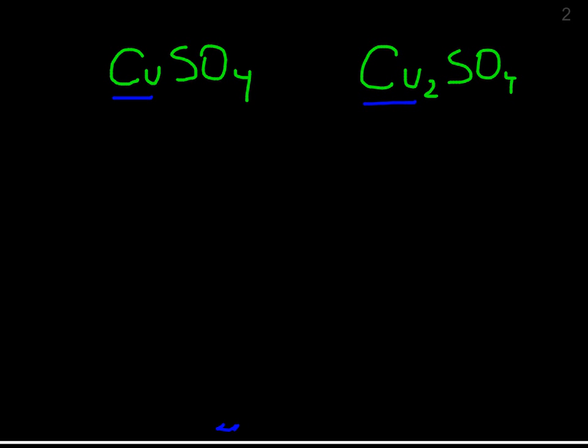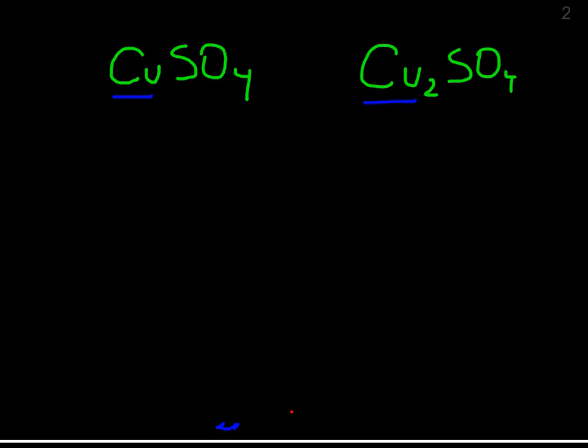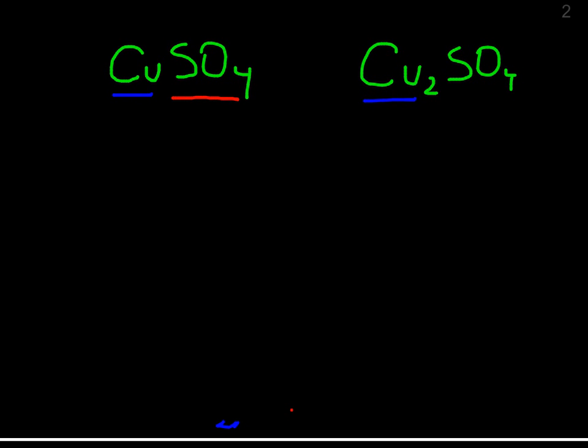So in order to name these, I have to figure out which one is which. The only way to do that is to look at the anion and figure out what that anion charge is. Sulfate, if I look at my chart, has a -2 charge. So both of these are -2.